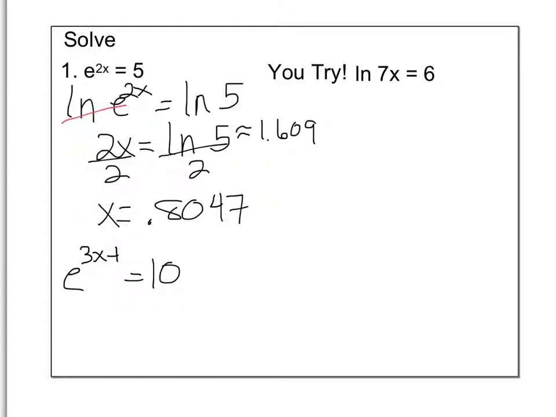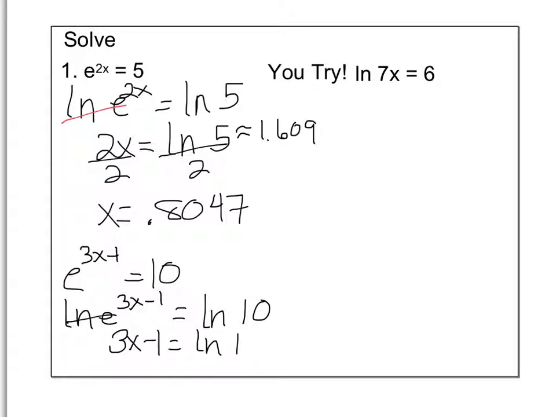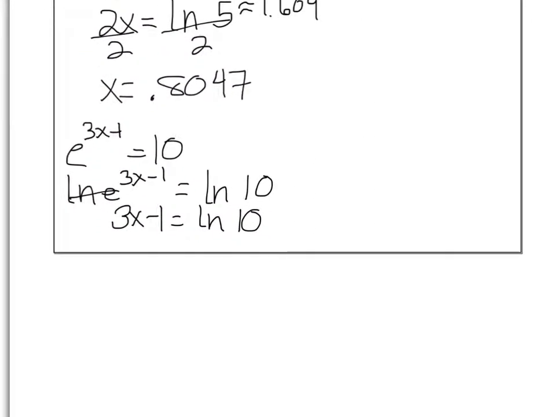So again, since there was an e, we're going to insert the ln. And you have to insert it to both sides. The ln and the e cancel. So you had 3x minus 1 equals the natural log of 10. Remember, you are just going to keep that number in your calculator.